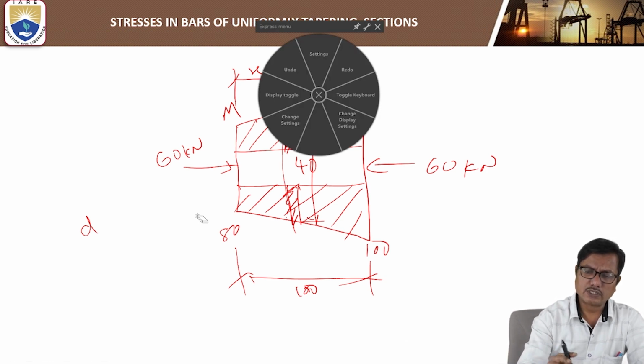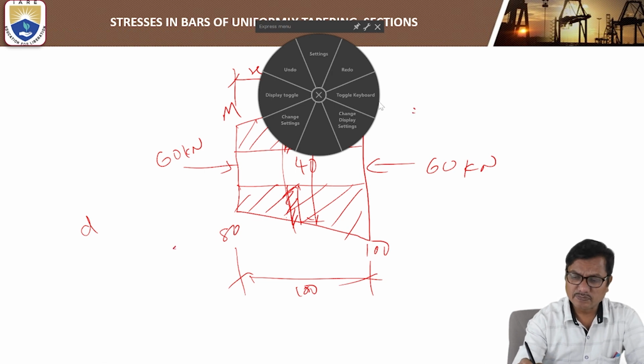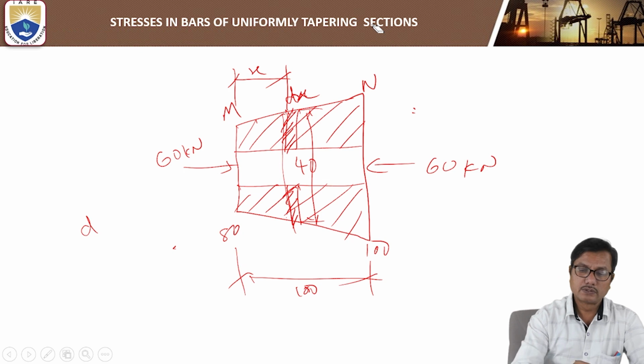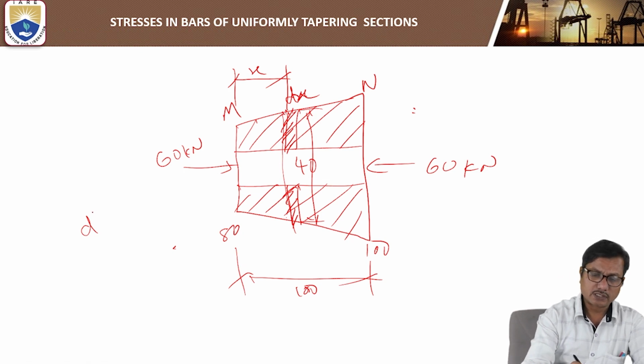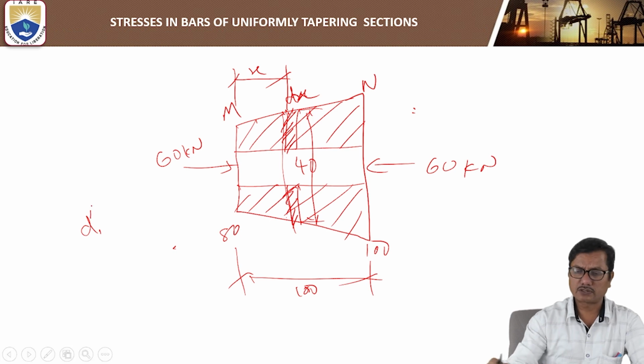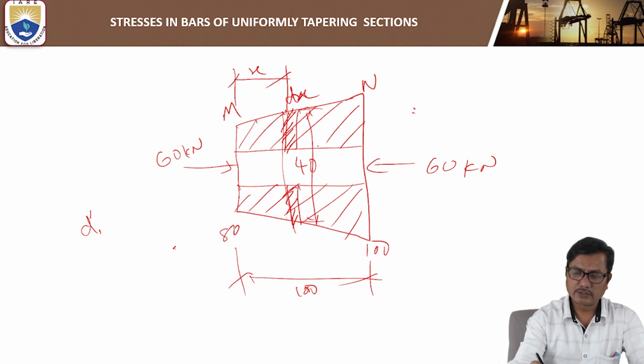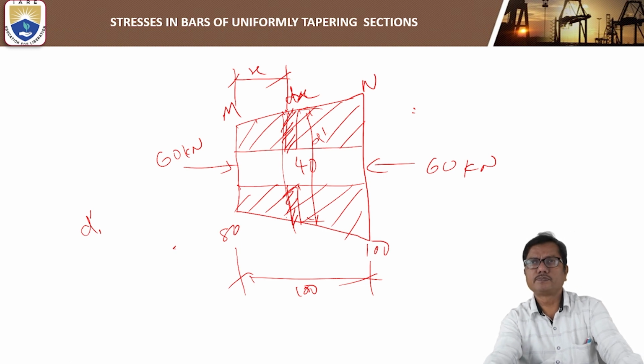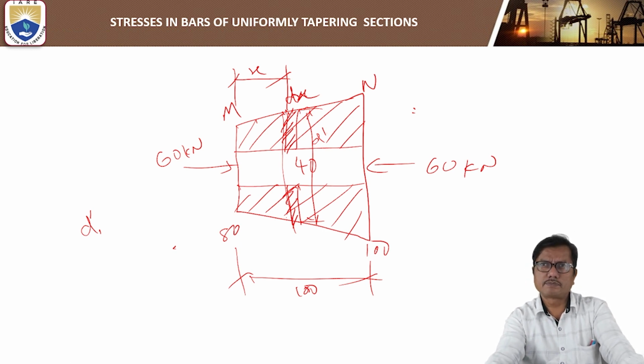Here you call the diameter of this as, say, d dash. So what will be the diameter of this elementary strip at a distance x? That is obtained by interpolation.